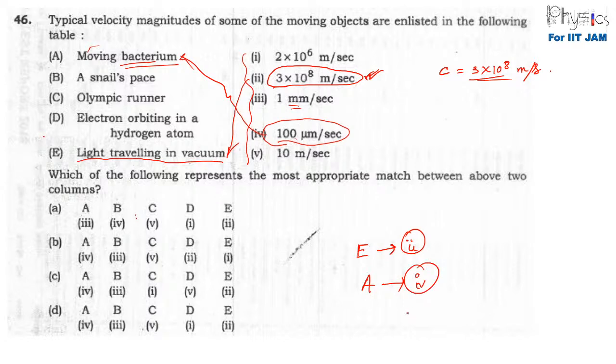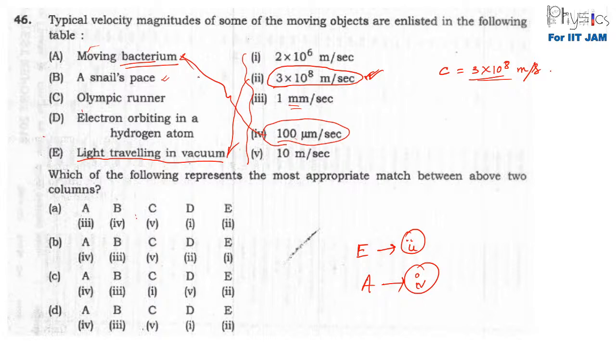So the velocity of a moving bacterium is 100 micrometer per second. Now next, see a snail space. We know that a snail is very slow, always slow.